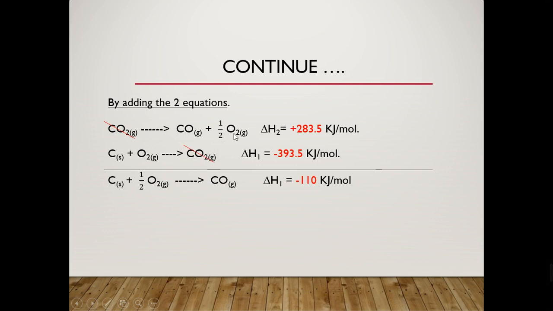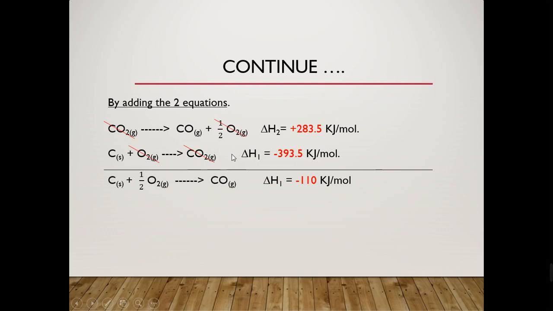Also oxygen gas here in the product and oxygen gas in the second reaction in the reactant. We can cancel this half mole of oxygen gas with only half mole of the oxygen gas, like 1 minus half equals half.